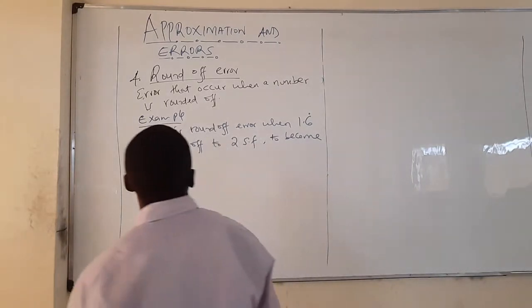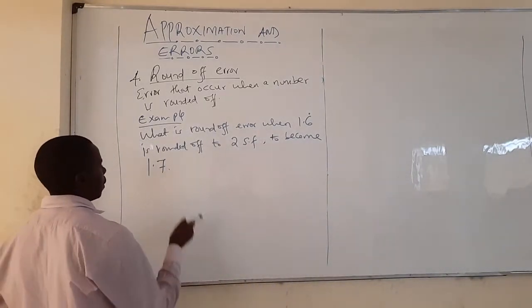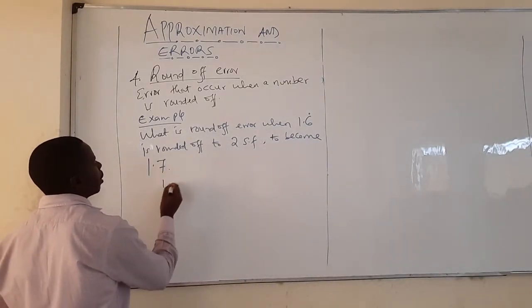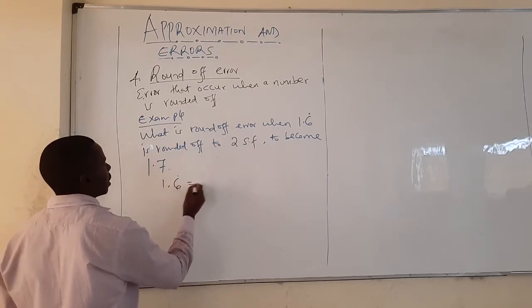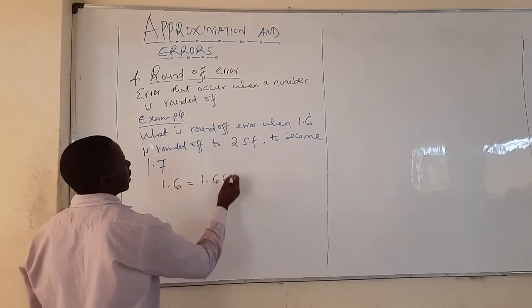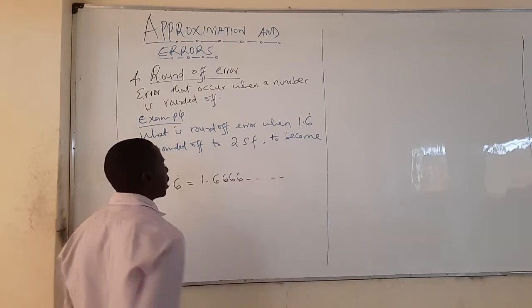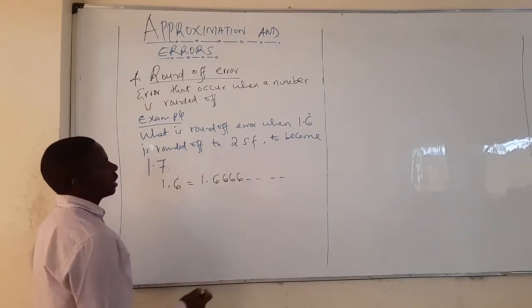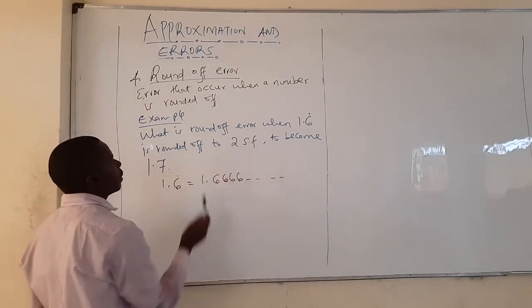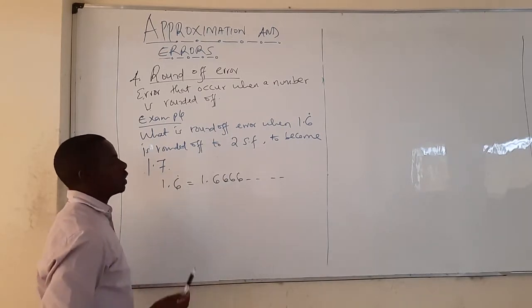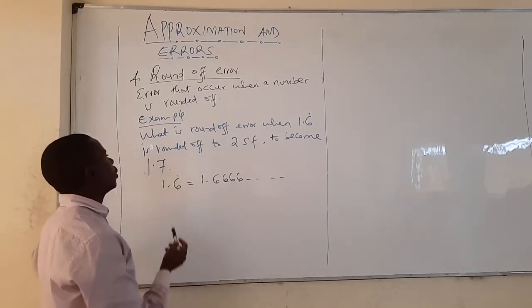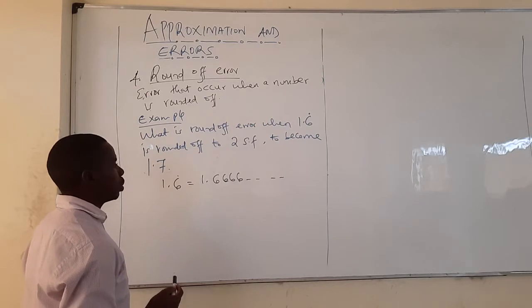Our number here is 1.6 recurring, which is 1.6666 going forward like that. It is rounded off to two significant figures to be 1.7. We want to see the round off error that is going to occur.